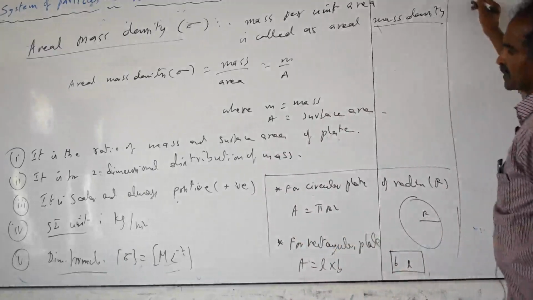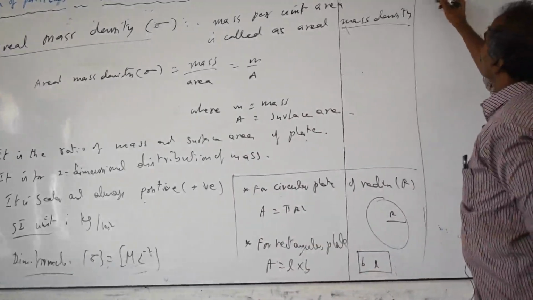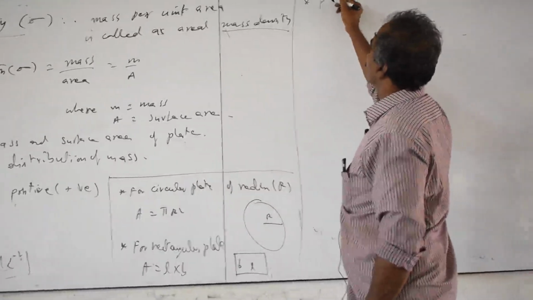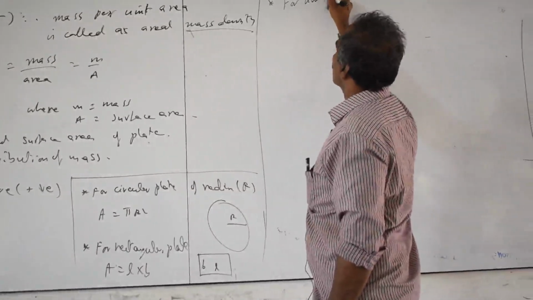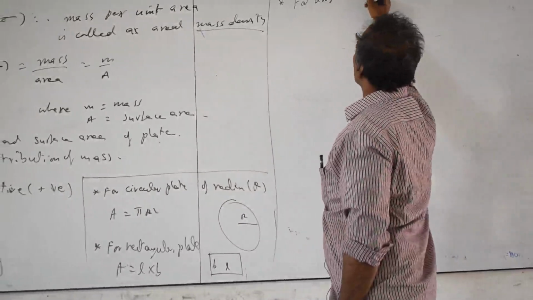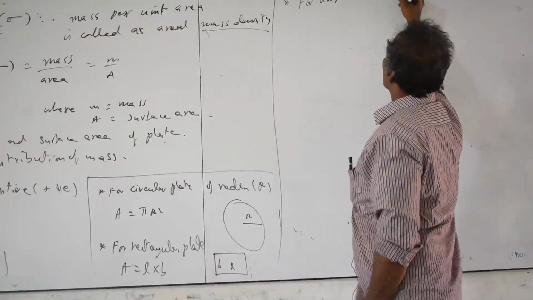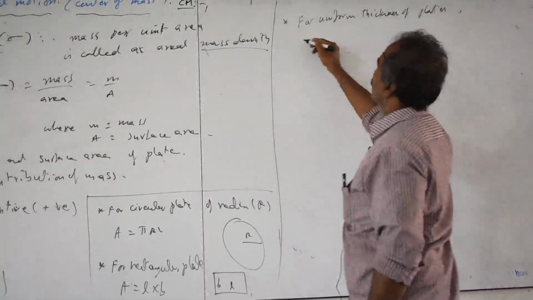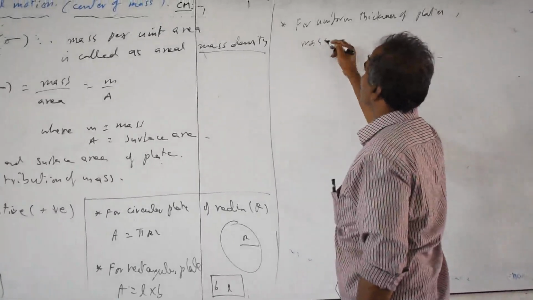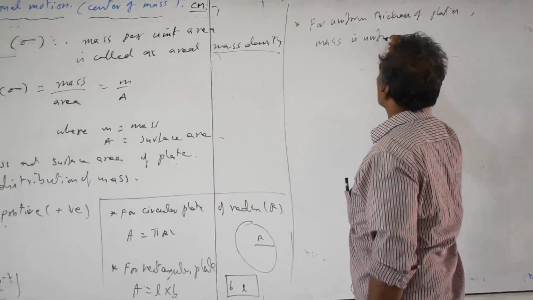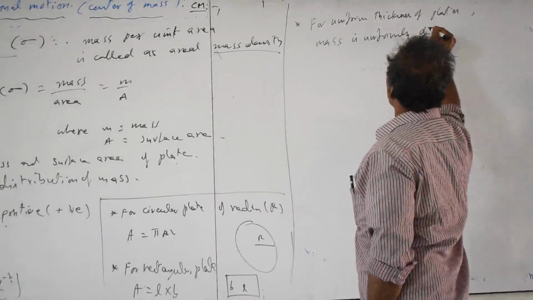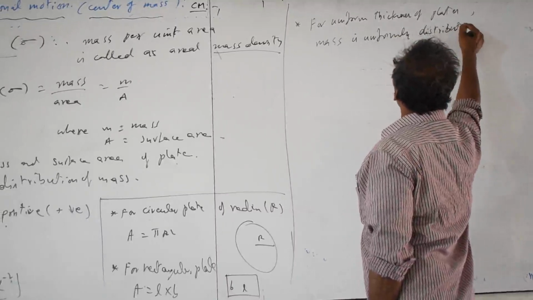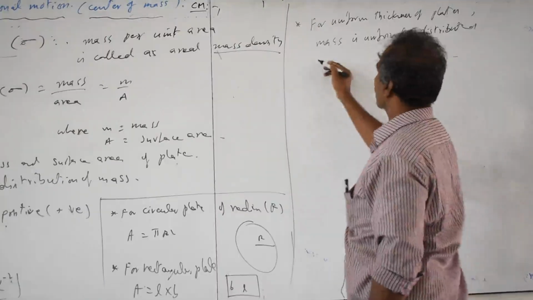Next is for uniform distribution of mass along the area. For uniform thickness of plates, mass is uniformly distributed.